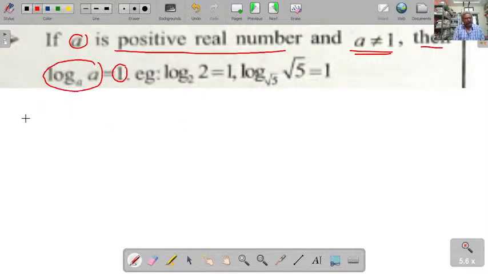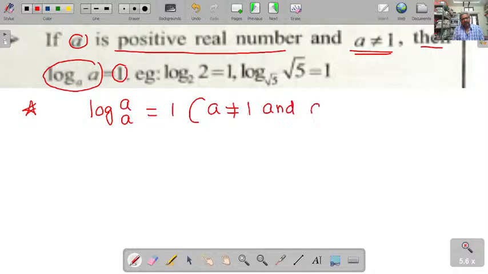Very important: log a to the base a is equal to 1, provided a does not equal 1 and a belongs to the positive real numbers. Let us discuss some examples.